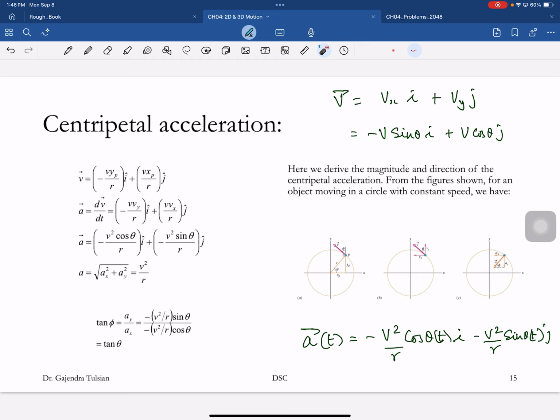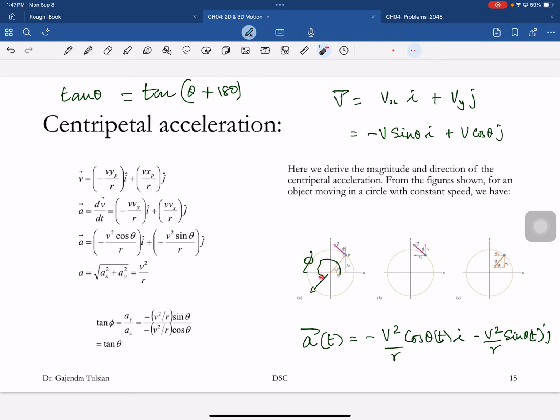So the acceleration vector is in the third quadrant, and let's call this angle phi. Tan phi is ay over ax, which is that over that, which is equal to tan theta. And you guys know that tan theta is equal to tan of theta plus 180 degrees.